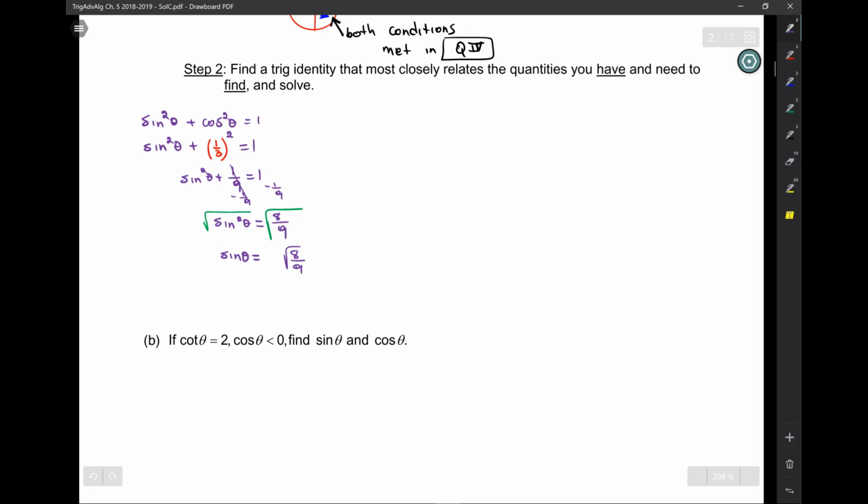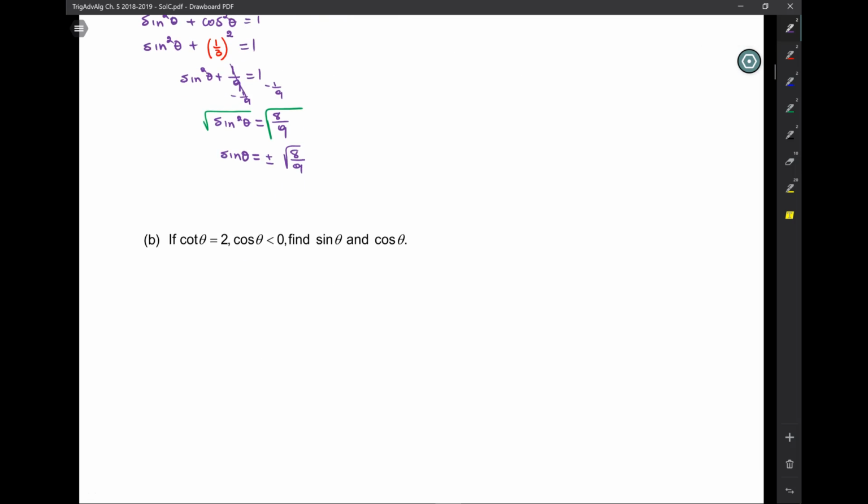If we take a square root of both sides, we get plus or minus, because if you square both sides, you get plus or minus. Now the square root belongs to both. On top I have root 8, which is 2 root 2. On the bottom I have root 9, which is 3.